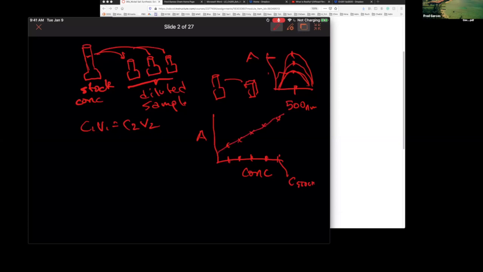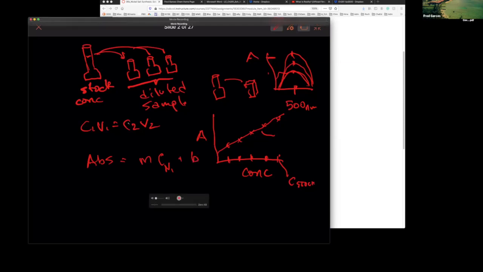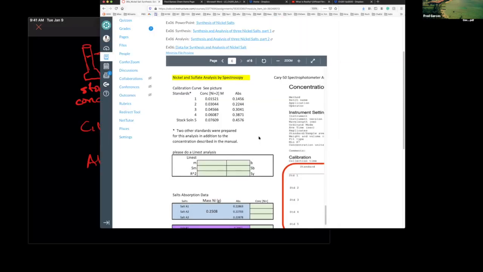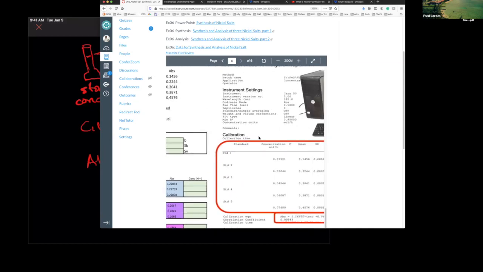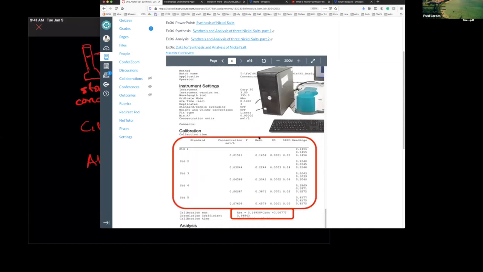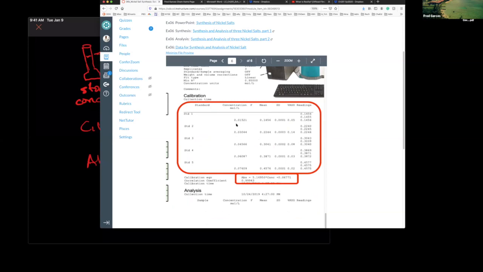Get the equation of a line. The equation of the line will be the absorbance is equal to some slope times the concentration of your nickel plus an intercept. Y equals mx plus b. And if you look at your data, I actually give you that. If you look real closely, this is the original data from this instrument. This is the concentration.